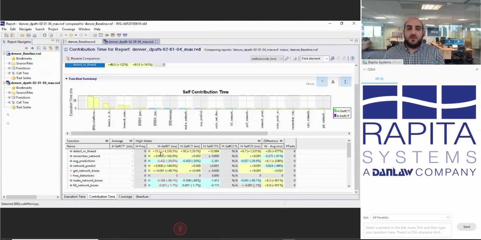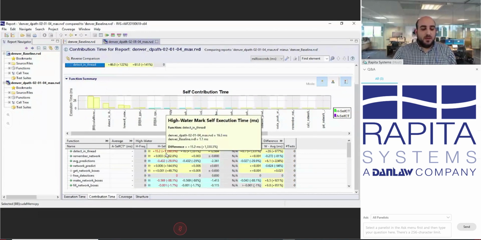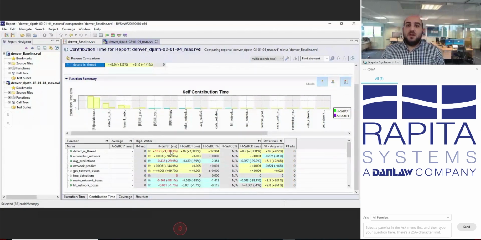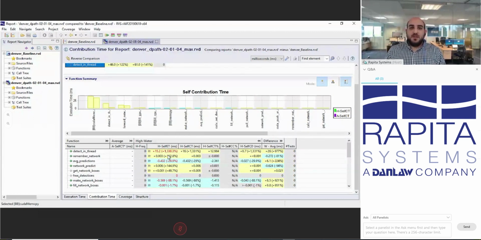And then here we have a bit more information about the actual impact that the contention can have on different functions within the system. So the most extreme example, we have a 1,330% increase in the execution time spent in the detect and track function.